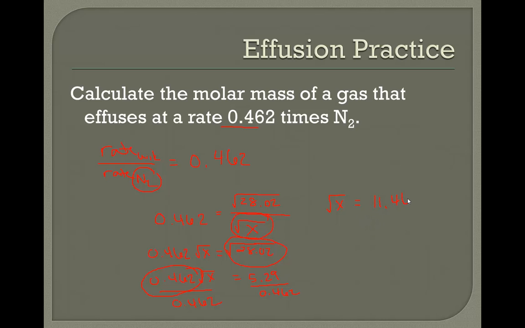To get rid of the square root, we're going to square both sides. And that is x is equal to 131.3 grams per mole, or, because there's only three significant figures, 131 grams per mole.